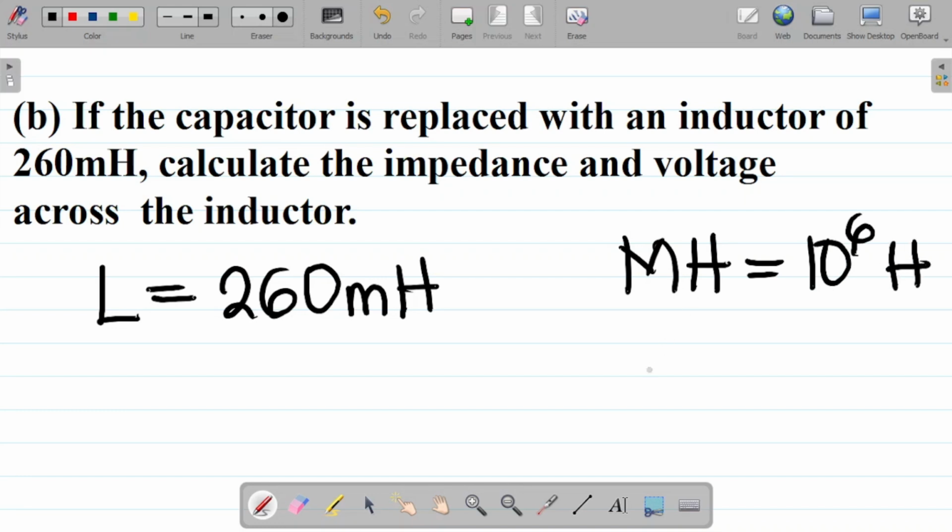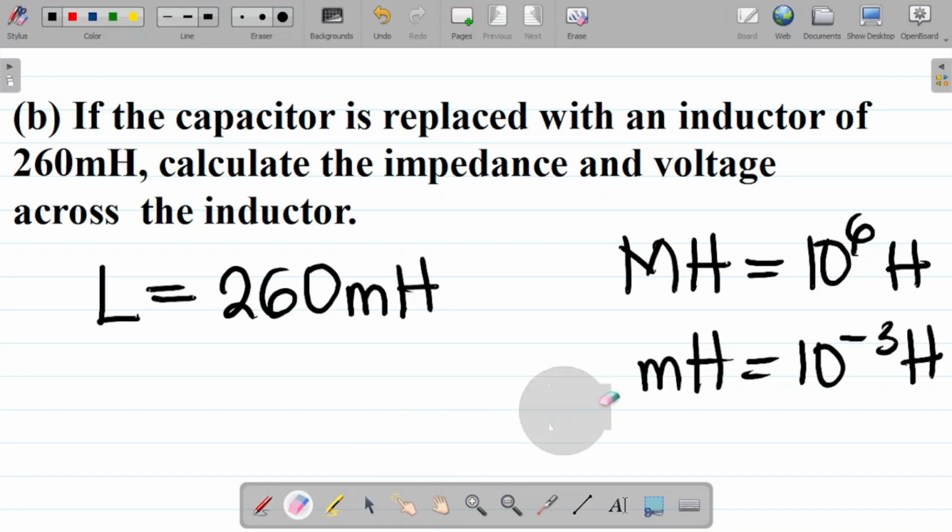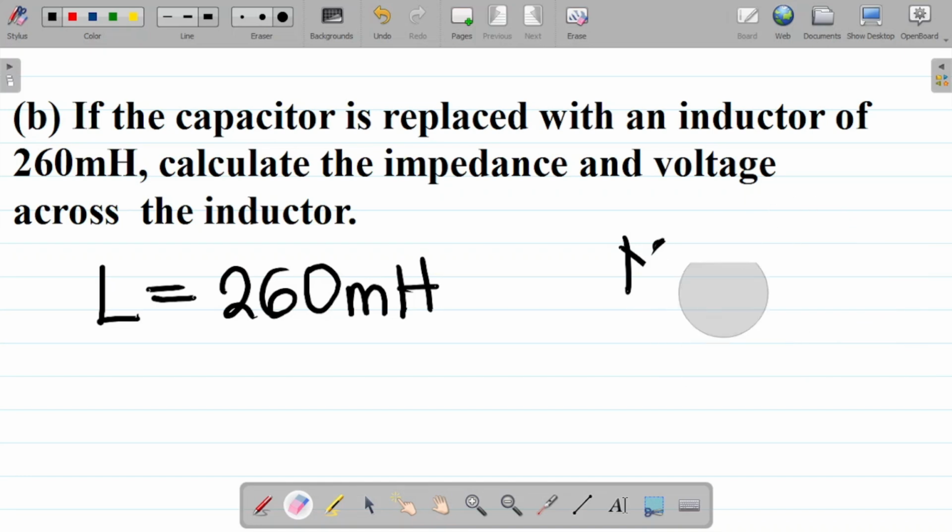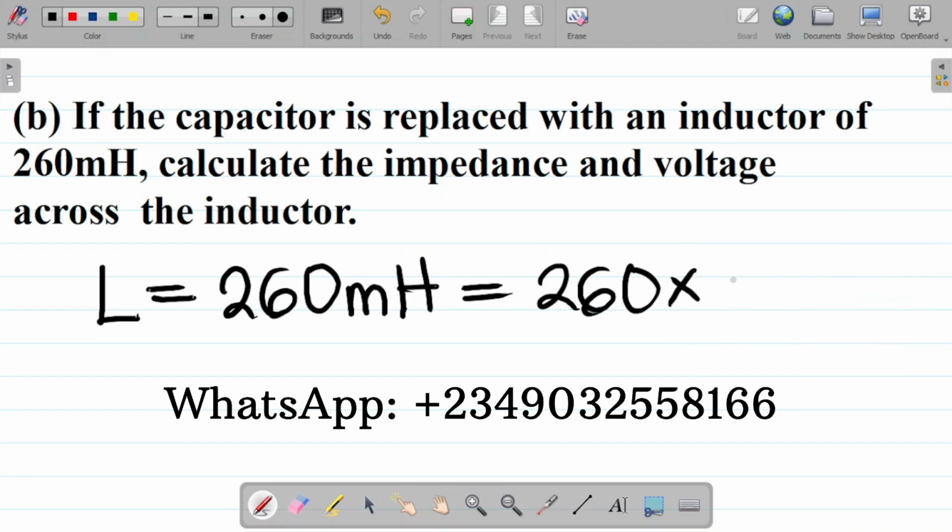While if you have small m and H, it's millihenry, and that's 10 to the power minus 3 Henry. You can take note of these two things. So the millihenry here is equal to 260 times 10 to the power minus 3 Henry.